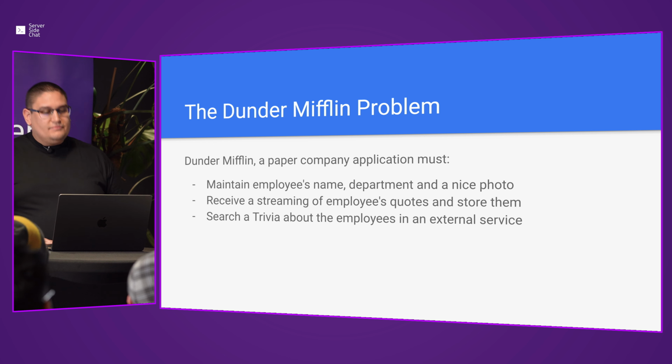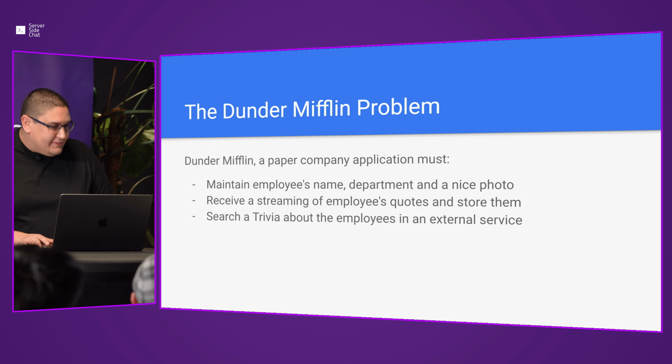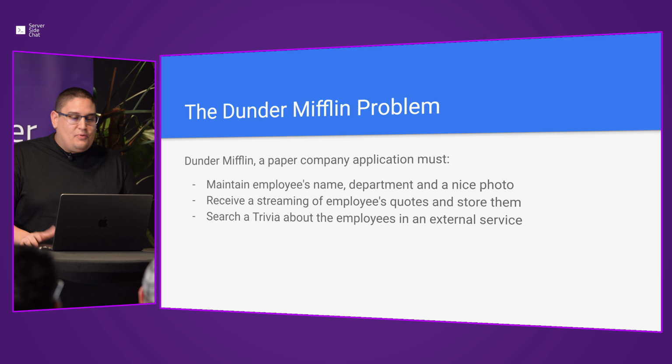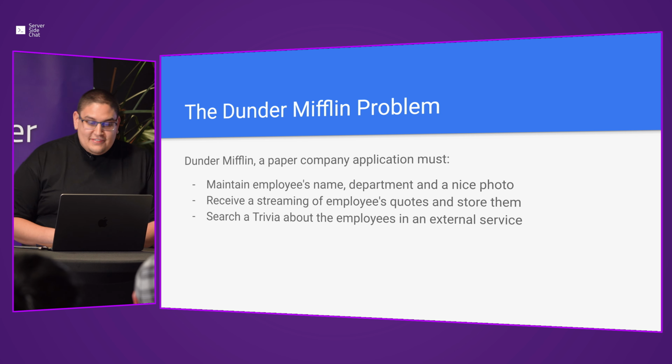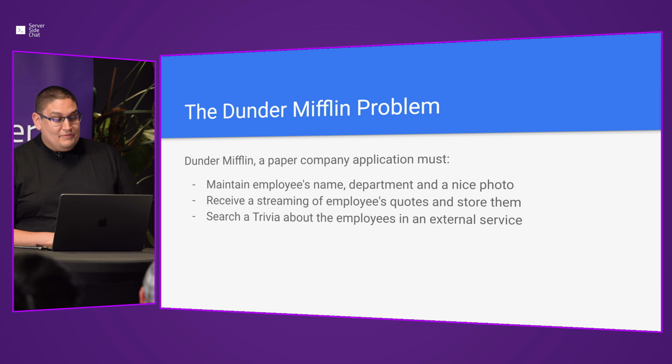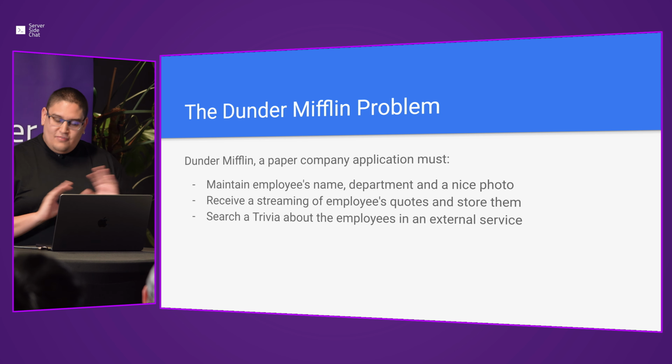Okay, so the cool part of the presentation is the problem itself. The Dunder Mifflin problem. Dunder Mifflin, a paper company, needs to keep up with the new trends of technology. What we want to solve here is a small application with really small features to exercise our knowledge of AWS.